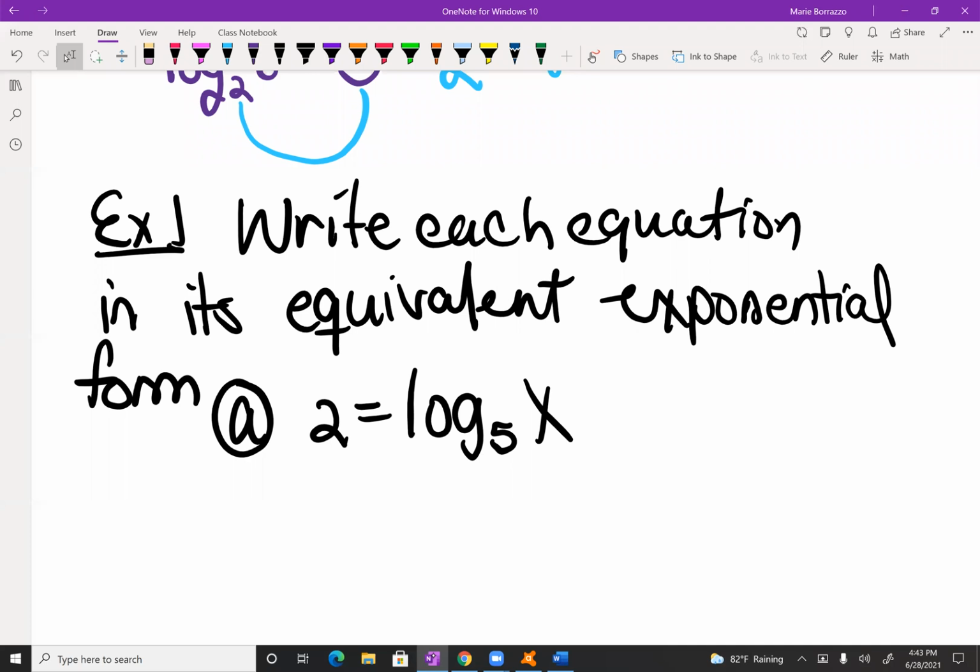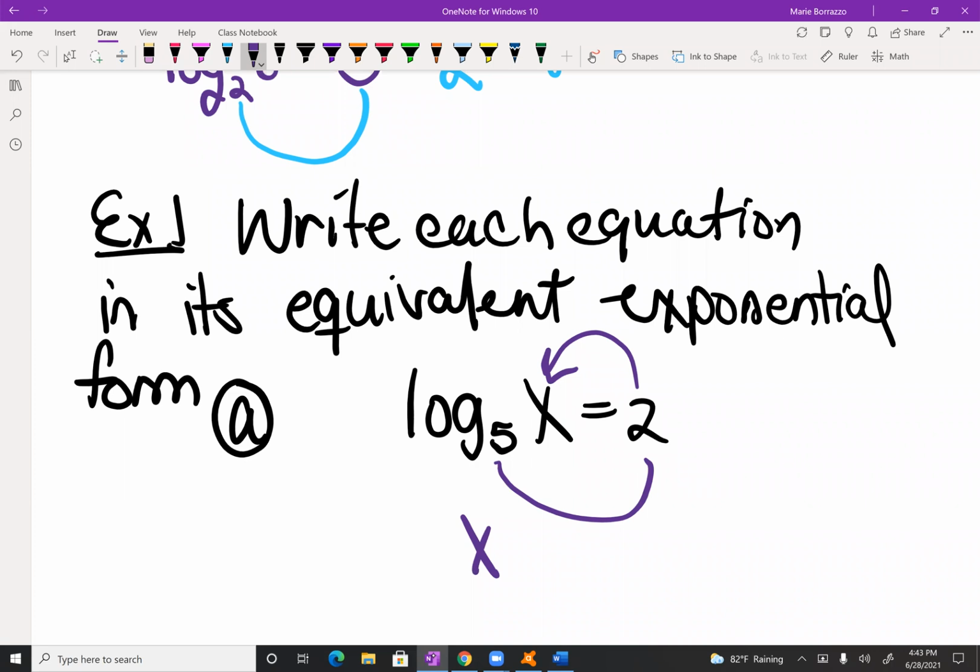If you follow the example I gave you, the only change I'm going to ask you to make is to always put the equals 2 on this side, because then I can follow the logic of 5 raised to the second is x, so therefore x equals 25. Does that make sense to you?